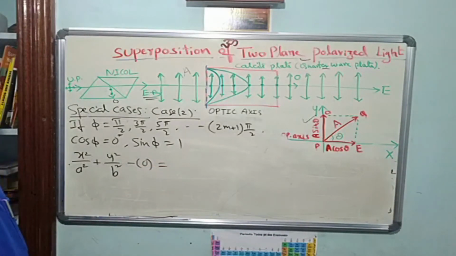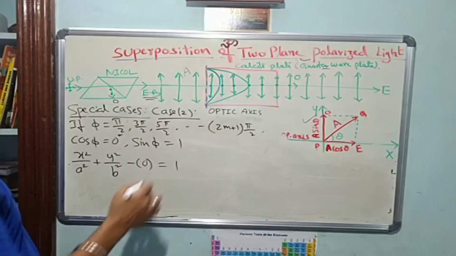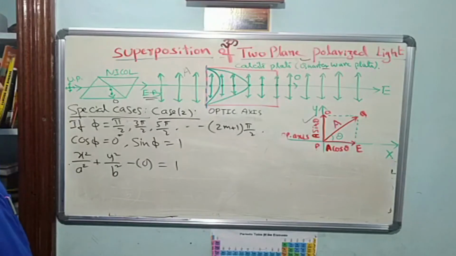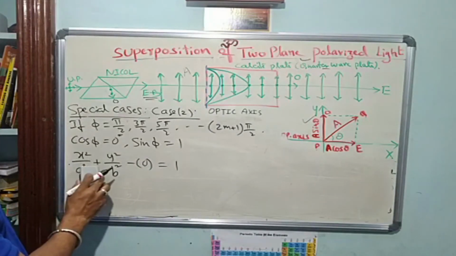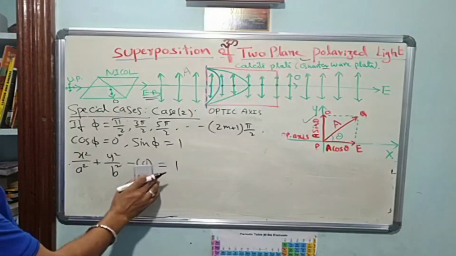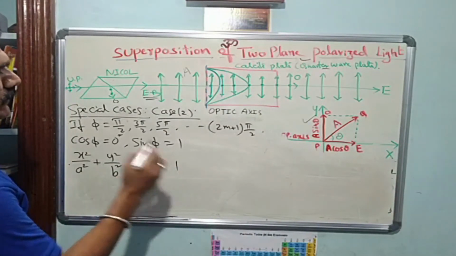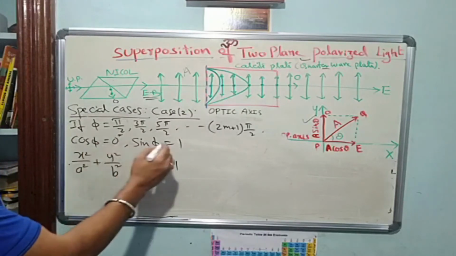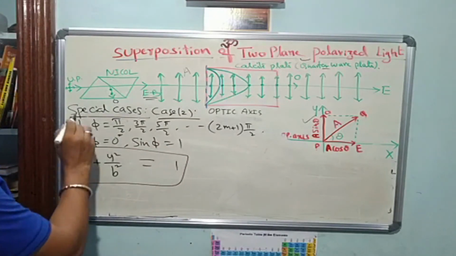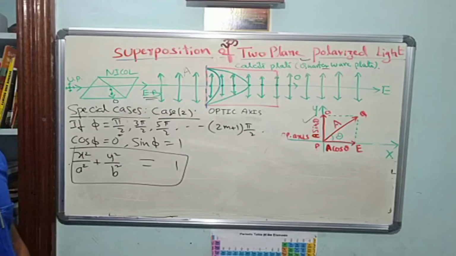Is equal to what? On the right side we have sin square phi, which is equal to 1. So it is just x square by a square plus y square by b square is equal to only 1, right? Is equal to only 1 with these conditions.